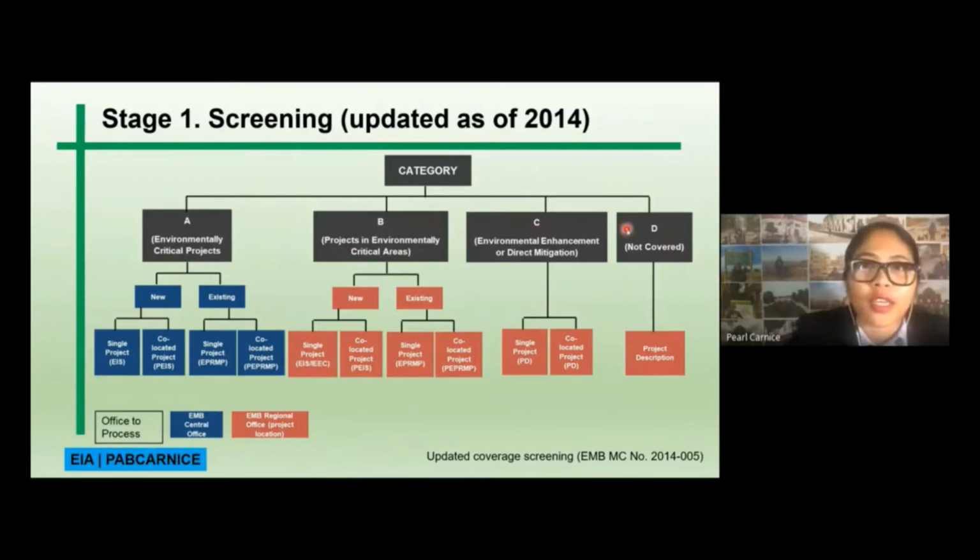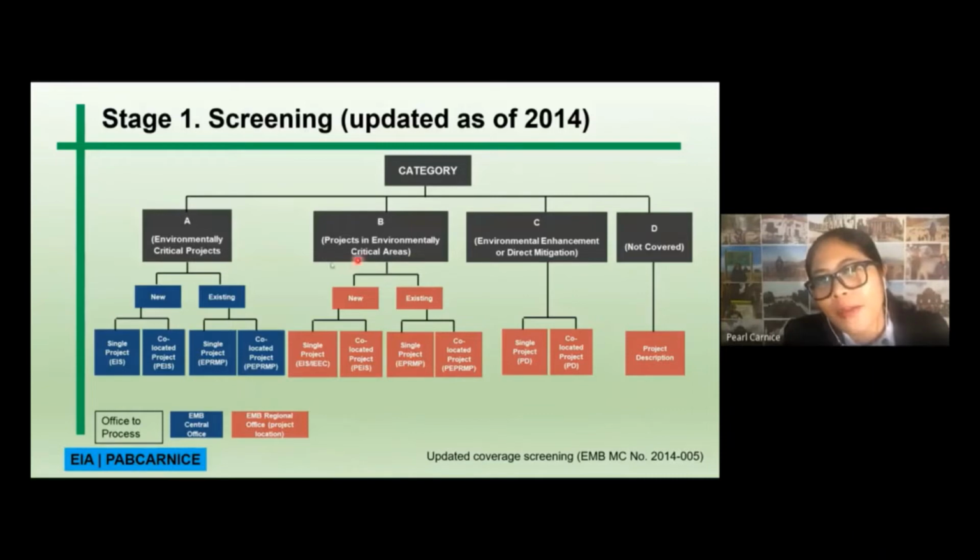And of course, category D means there are no major impacts, or your project does not belong to any category, and it would not render any significant impacts to the environment.